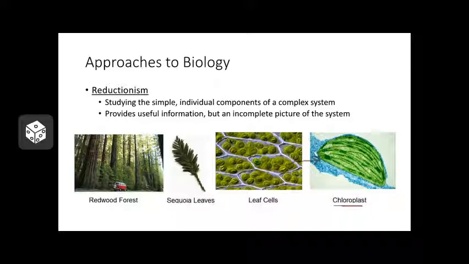We could go even further. We could go inside this chloroplast and we could look at the molecules that make it up. So we're reducing a very complicated system into its simplest parts. Now, reductionism is useful for studying individual factoids like that, but it's not as great at studying the system as a whole. So we have another approach for that.